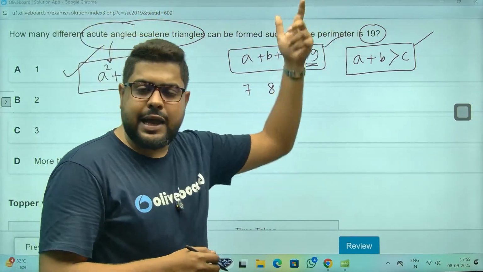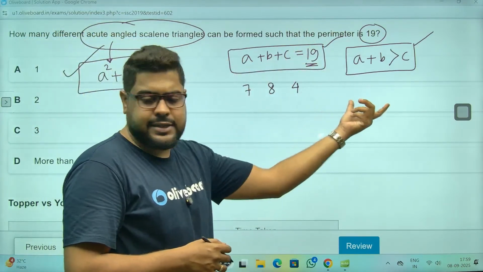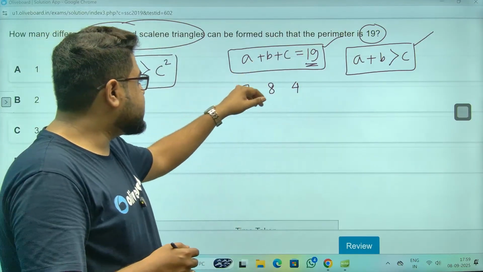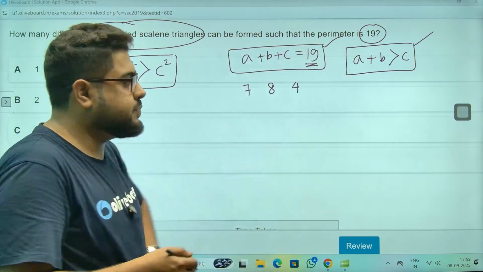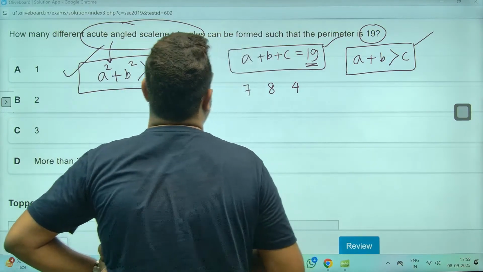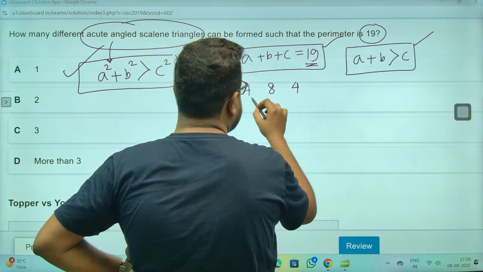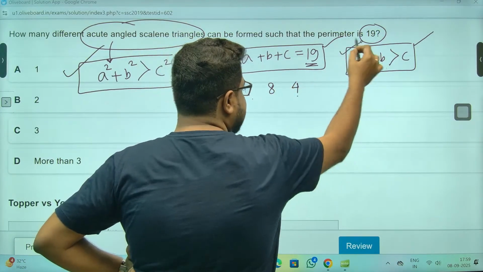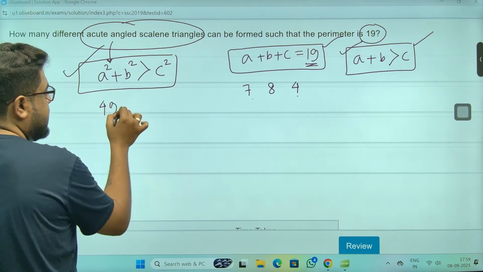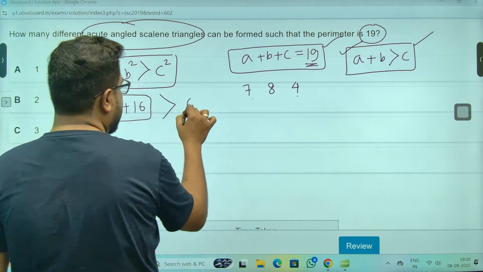And 19 divided by 3, 3 6s are 18, so if it was 18 it would be 6, 6, 6. But scalene means all three sides will be different. So 7, 8, 4. Let's see now. A plus B, let's take the smaller two. 7 square 49 plus 16 is 65. Is it greater than 64?